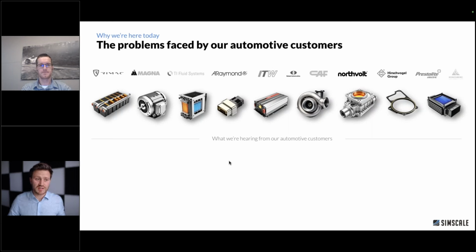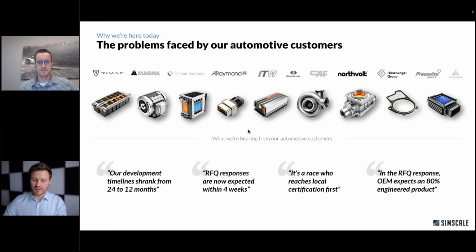So what we're actually seeing from our other automotive customers, and this is more focused on automotive suppliers than motorsport, I have to say, is a push for much shorter lead times and much shorter response times for RFPs.